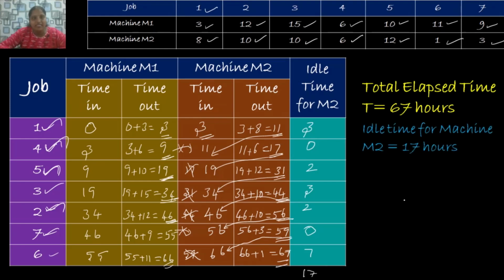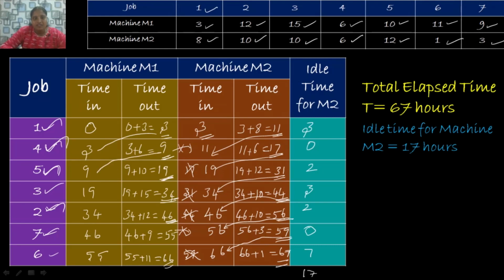Next we calculate the idle time for machine M1. Machine M1 started at 0 hour, so it has completed processing on the first job at 3 hours. After completing its processing time for job 1, immediately it gets the next job at 3 hours. Then after completing the next job at 9 hours, immediately it has the next job to process.